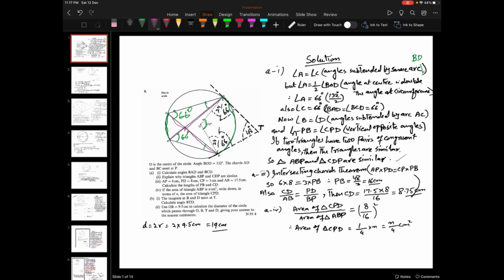If two triangles have two pairs of congruent angles, then the triangles are similar. So triangle ABP is similar to triangle CDP.